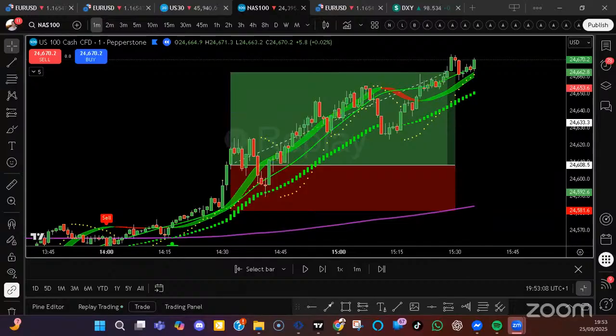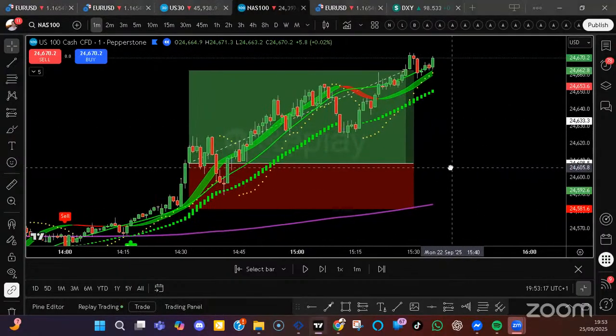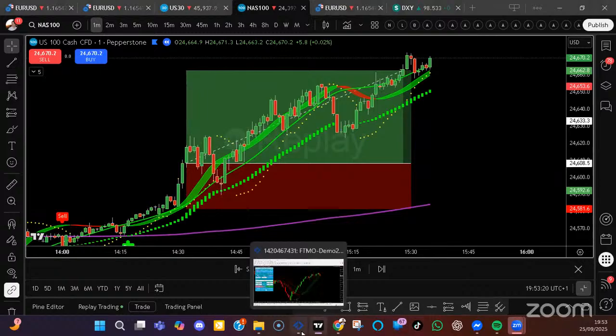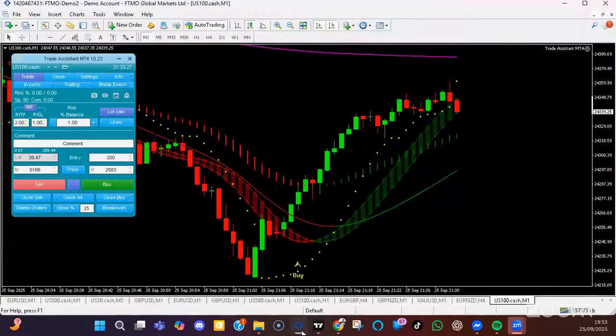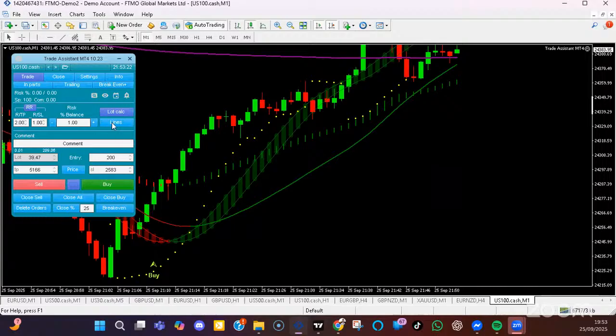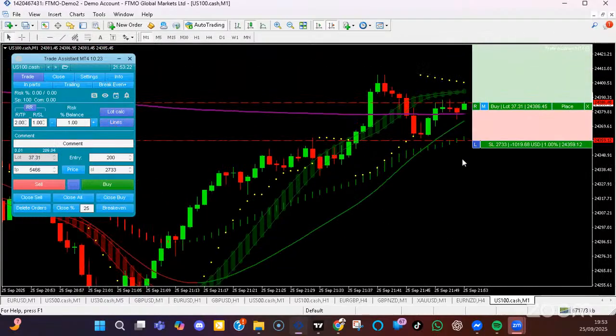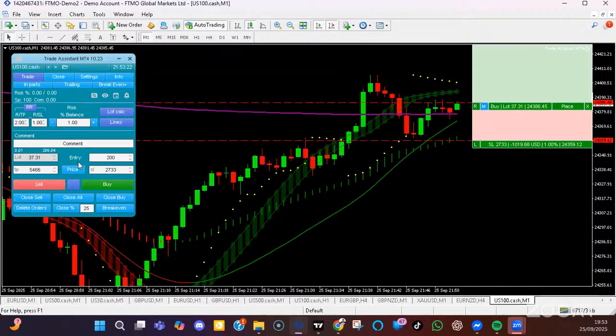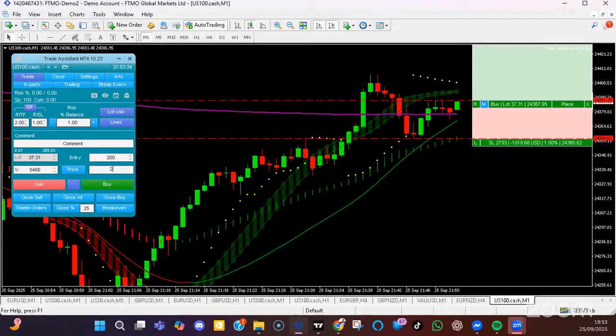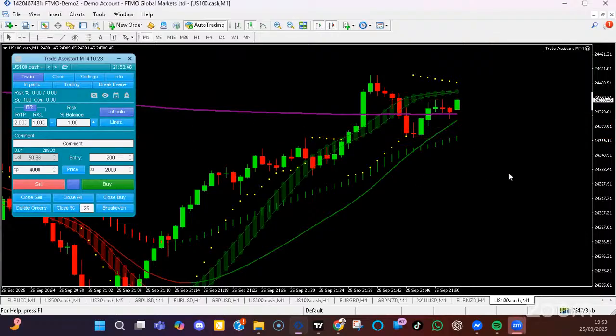You have to set your lines pretty quick, because you're on the 1 minute time frame. You can set that up and look on TradingView, but it's all done. If I go back to my MT4, and I'll take that off, you just get here waiting 2,000 units, turn the lines on.